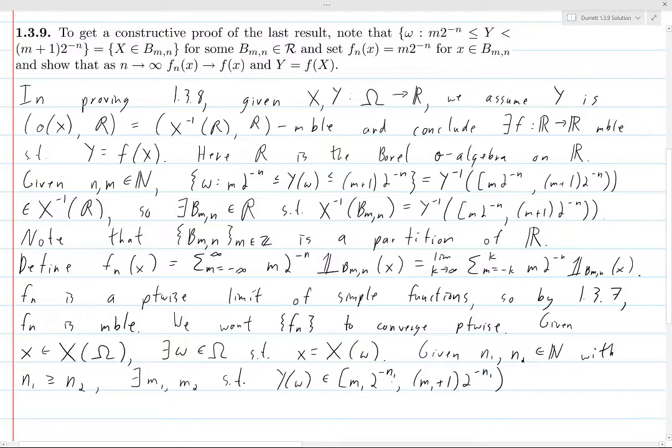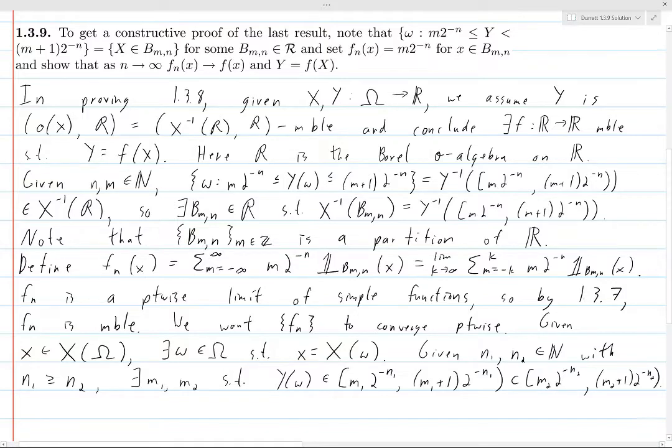But this is also true for [m2 2^(-n2), (m2+1) 2^(-n2)), because this is also a partition.